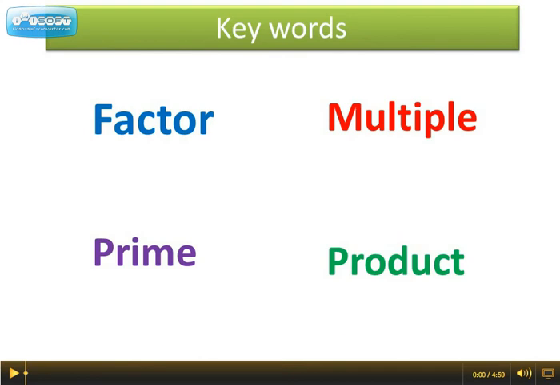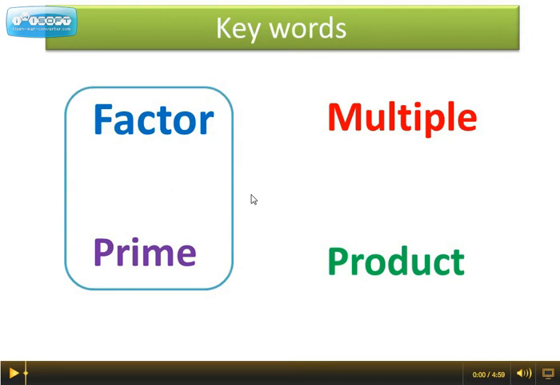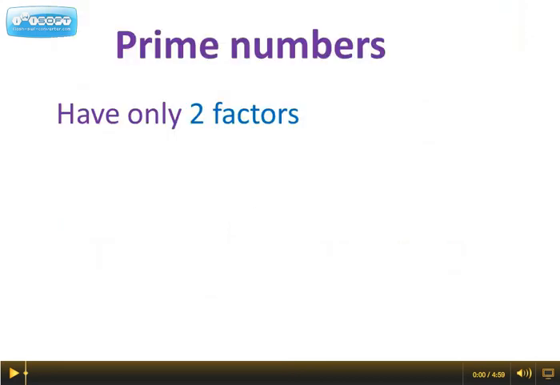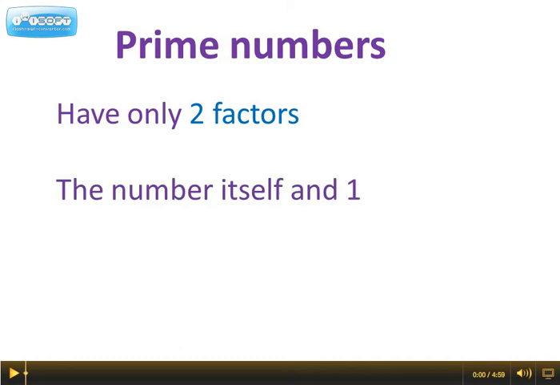So going back to this initial list, the blue of the factors is quite a similar colour to the prime, and that's because they are very, very close to one another, but prime are special factors. So prime numbers, they only have 2 factors. Not like the 20 and the 36 where there's lots of factors, a prime number only has 2.